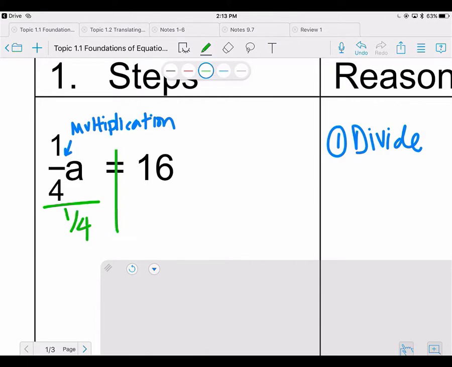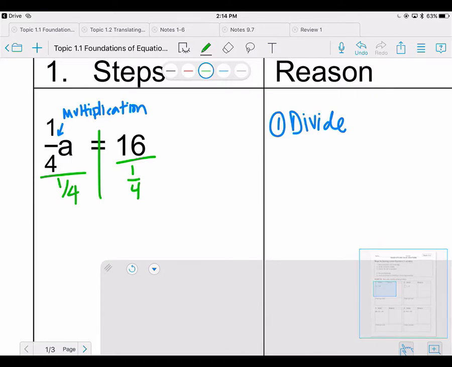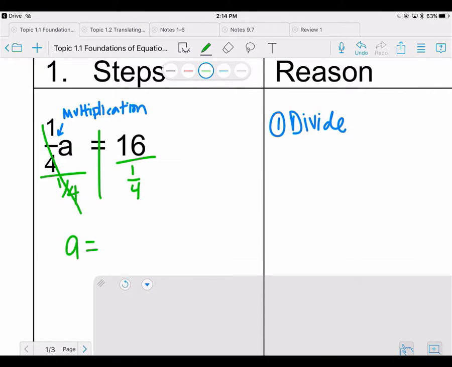We can cancel it out on the left side. So 1/4 times a divided by 1/4, 1/4 divided by 1/4 cancels. And on the right side, it's moved. So now instead of 16, we have 16 divided by 1/4. You can put that in your calculator and find out that a would equal 64.